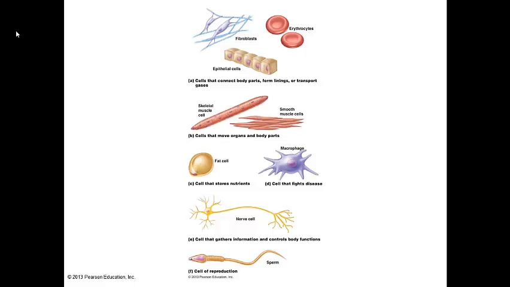Some cells store nutrients like adipose cells. Some cells can fight off disease, recognize foreign invaders. When we talk about the immune system next semester, we'll talk about those guys. Some cells can send messages from one place to another. When we talk about the nervous system, we'll talk about those cells.